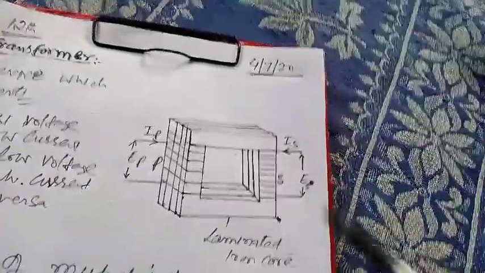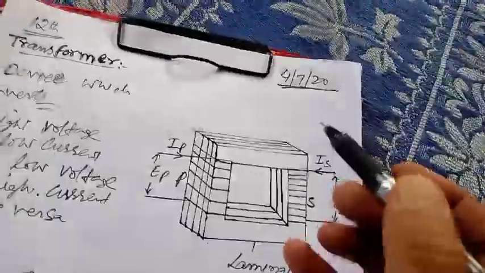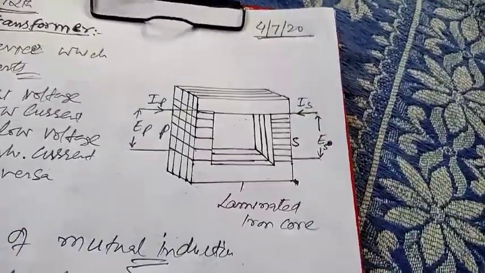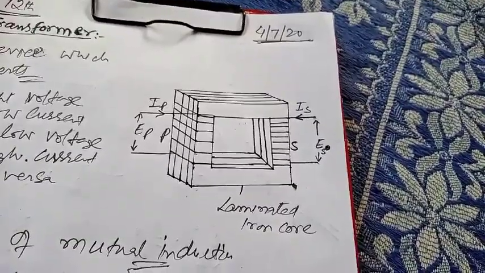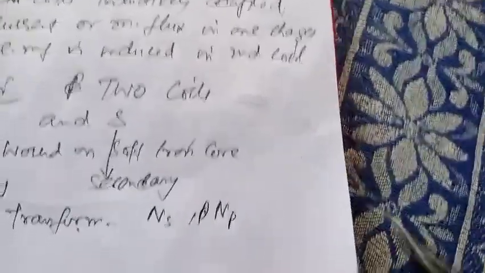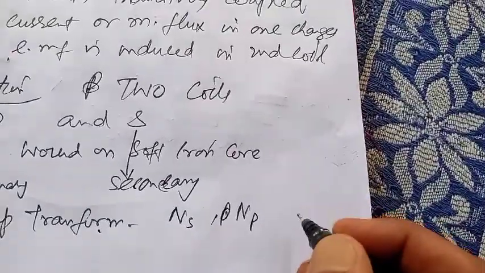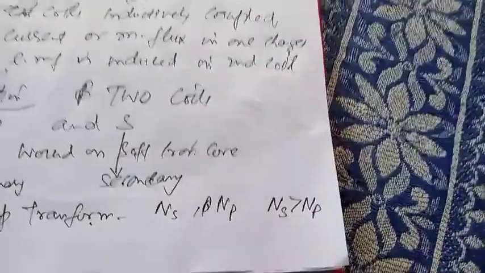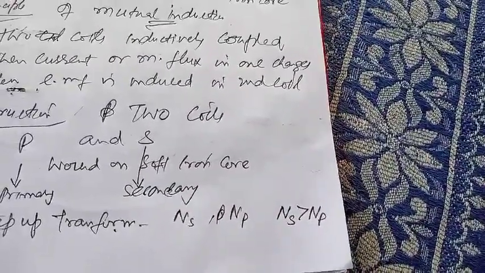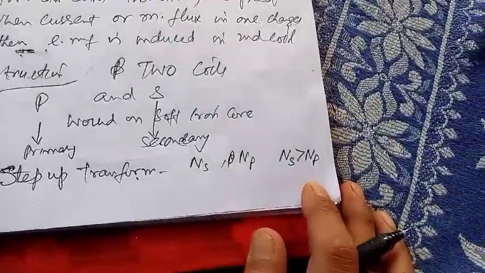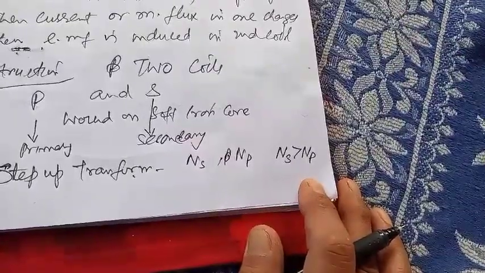If we have the number of turns in the secondary coil as NS and in the primary coil as NP, then in a step up transformer, NS is greater than NP.